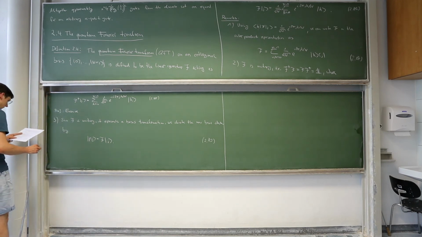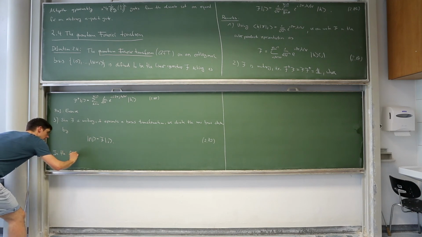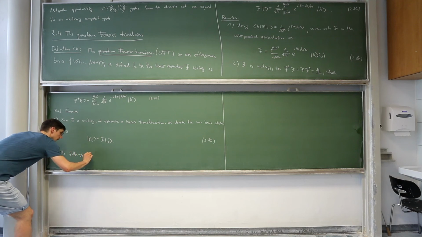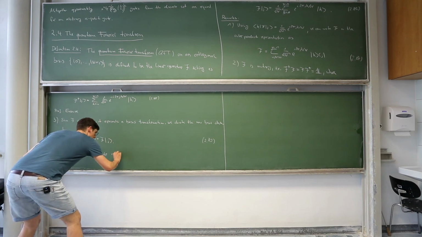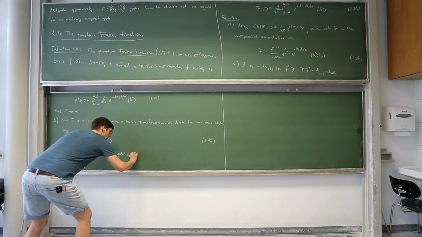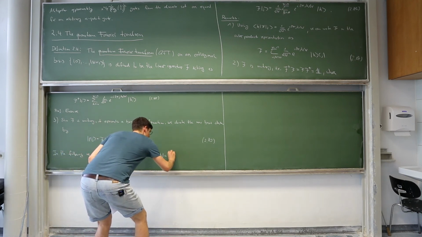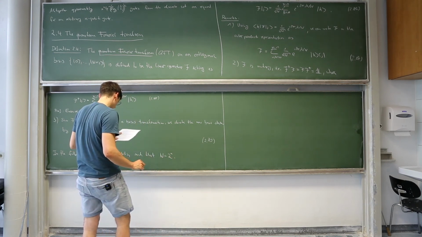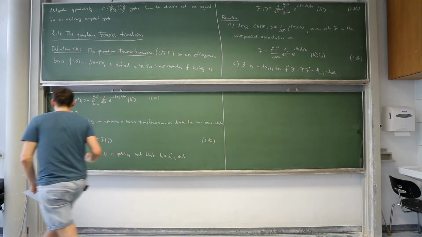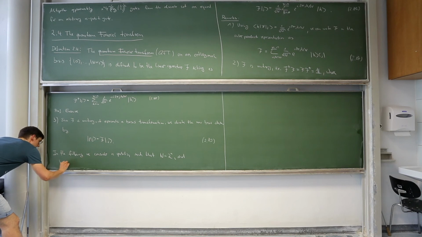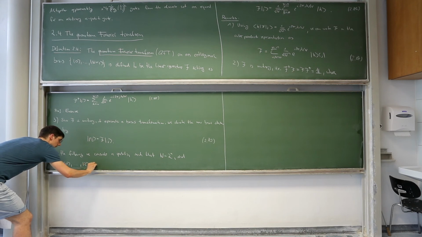So in the following we consider n qubits such that capital N is equal to 2 to the power of n, and the basis states are |0⟩ to |2 to the power of n minus 1⟩.